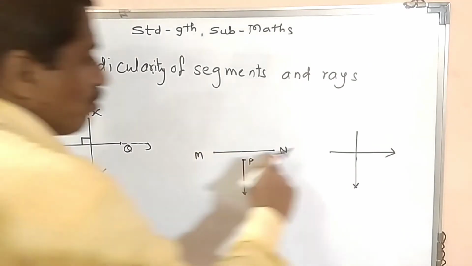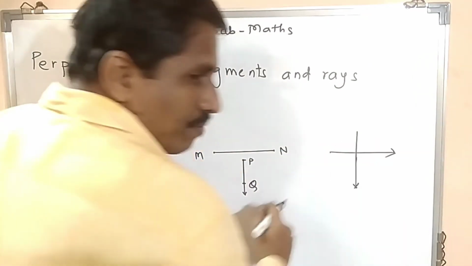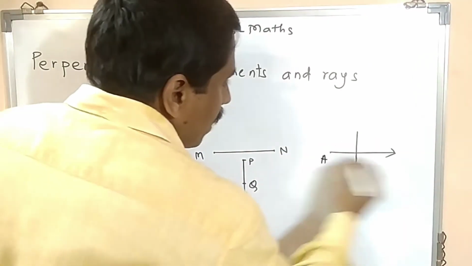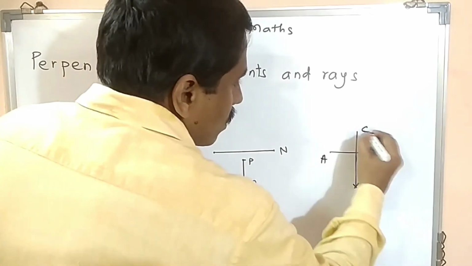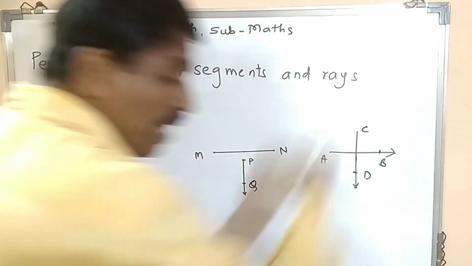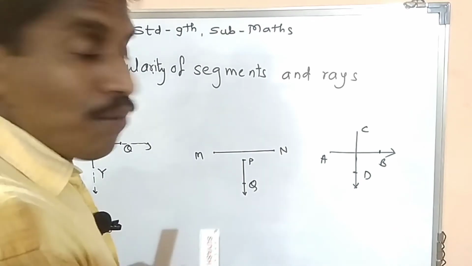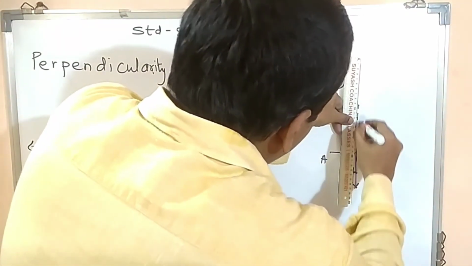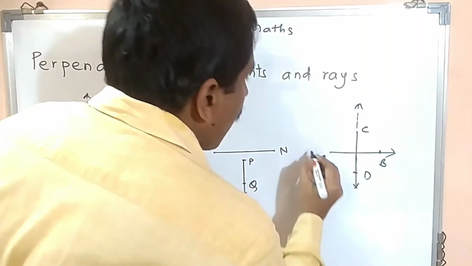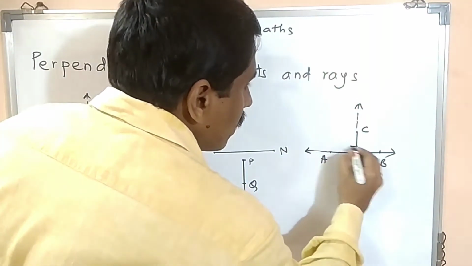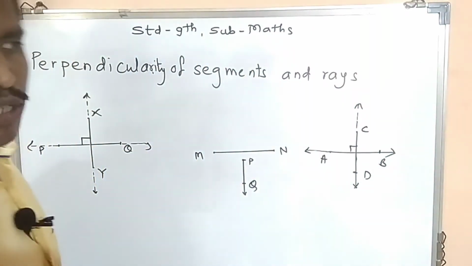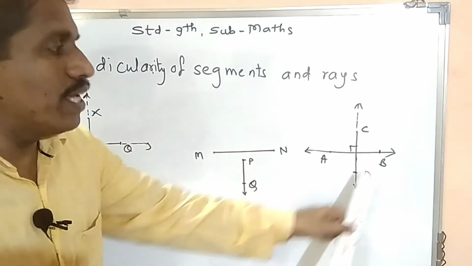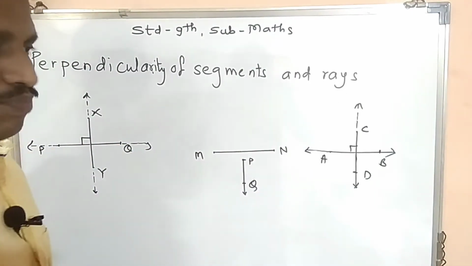Similarly, suppose this is a ray AB and this one is a ray CD. When the lines containing ray AB and ray CD are perpendicular to each other, then we can say the two rays are perpendicular to each other.